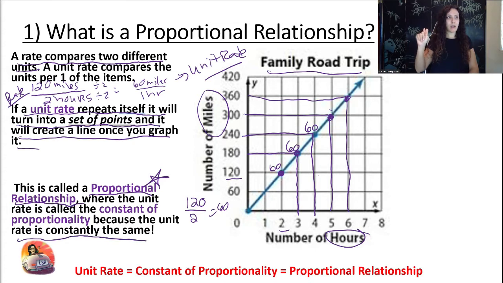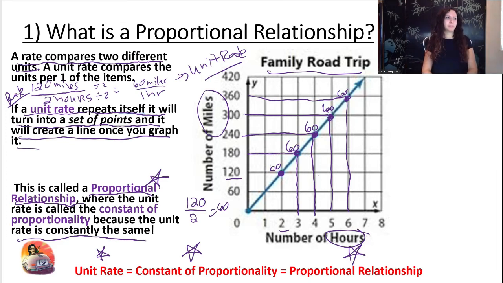It's the same number over and over again. No matter which point you choose to look at, you'll get the same number. So when we're talking about unit rate, it's also considered the constant of proportionality, which is a proportional relationship.